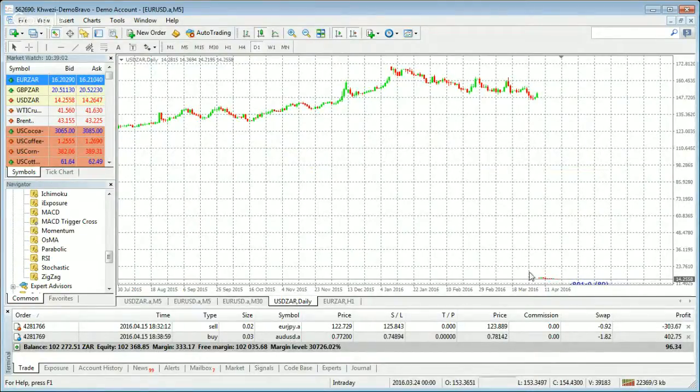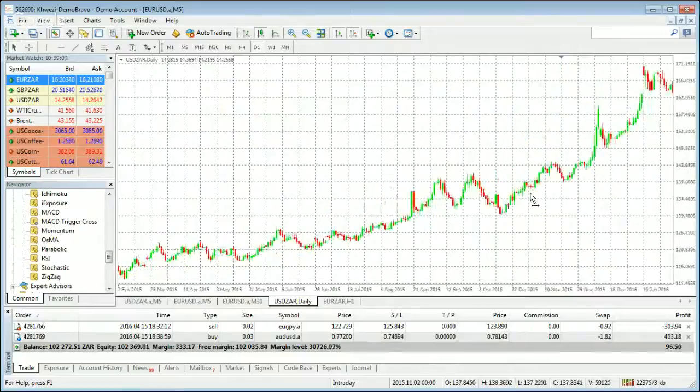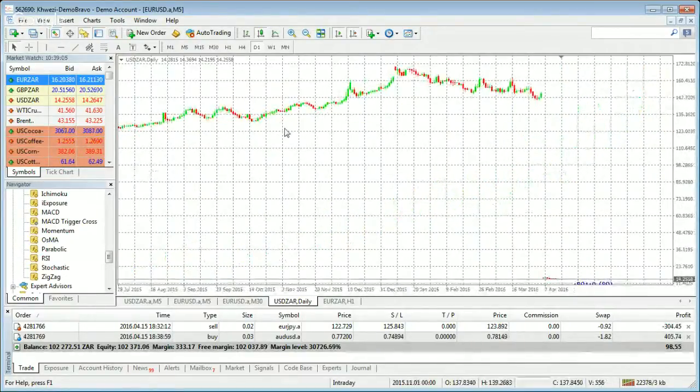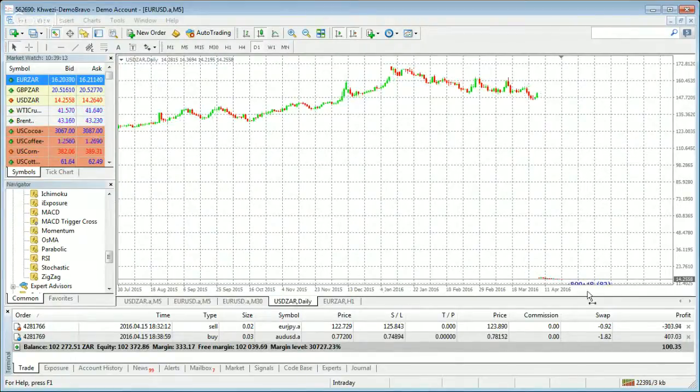That does not look correct at all. I checked that earlier when I opened it up. You can see there's a huge jump in price. I think the best thing would be to try and update the chart. So it'll be Tools, History Center. Let's see, I'm just trying to check on my side quickly if I can find it.